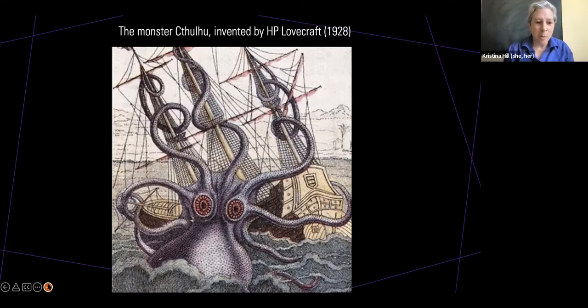And it's considered a monster, but it also is considered a representation of our own human anxieties. And that's the way the monster's actions in the story play out, kind of like Frankenstein's monster. It's a representation of our own anxieties.